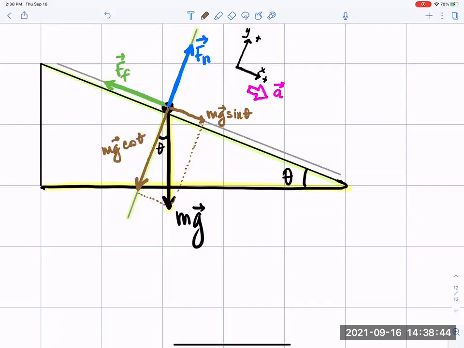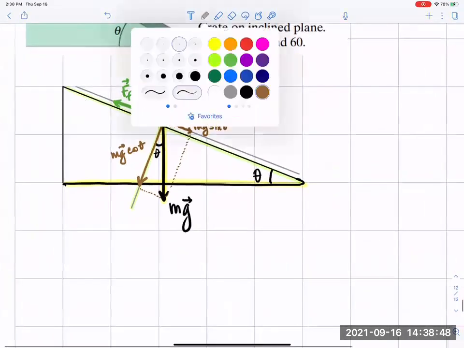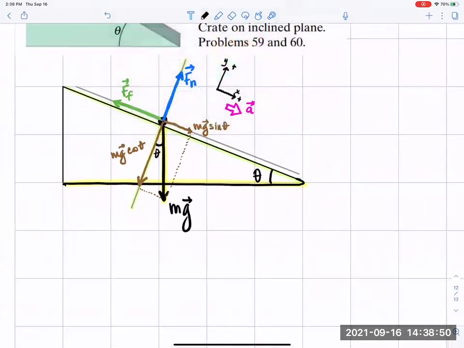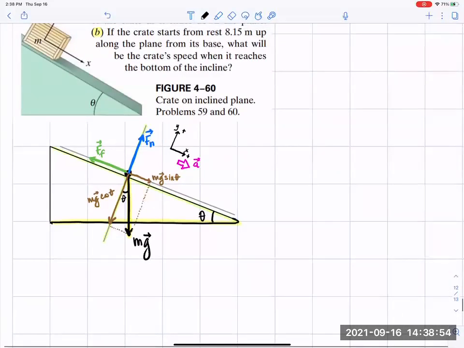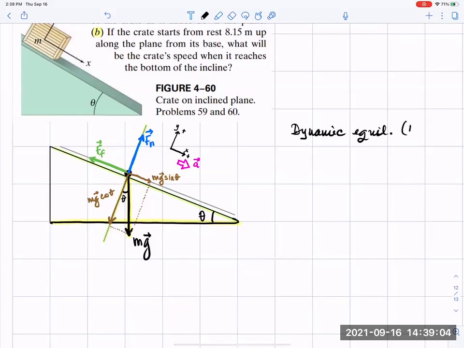All right. So with that being said, we can set up the equations, and this is a question of what equation? We are talking here about a dynamic equilibrium, right? And so here you have to ask yourself, you're going to apply Newton's second law.